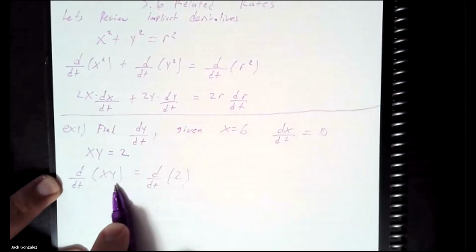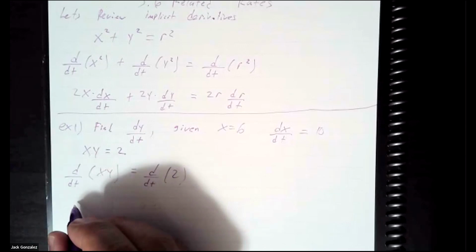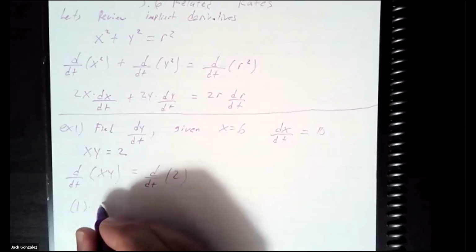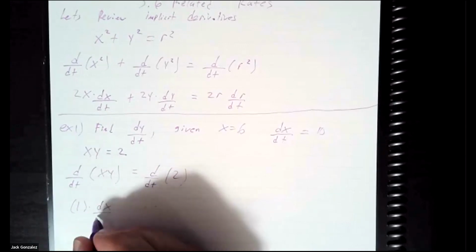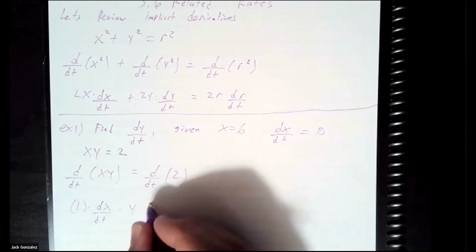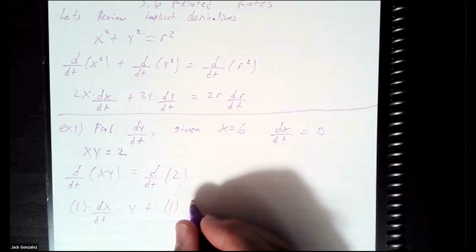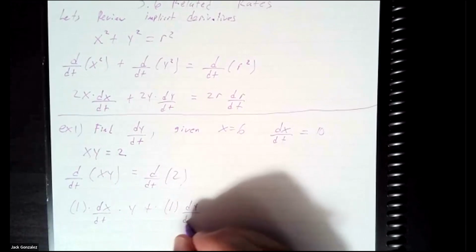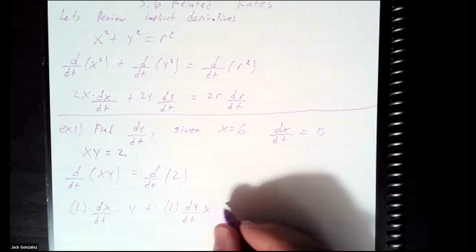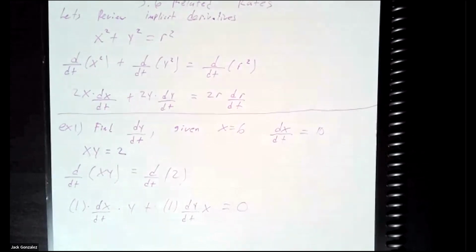Because this is going to be a product rule, right? So the derivative of the first term, which is a 1, times dx dt, times the y, plus the derivative of the y, which is a 1, times dy dt, times your x, equals 0.